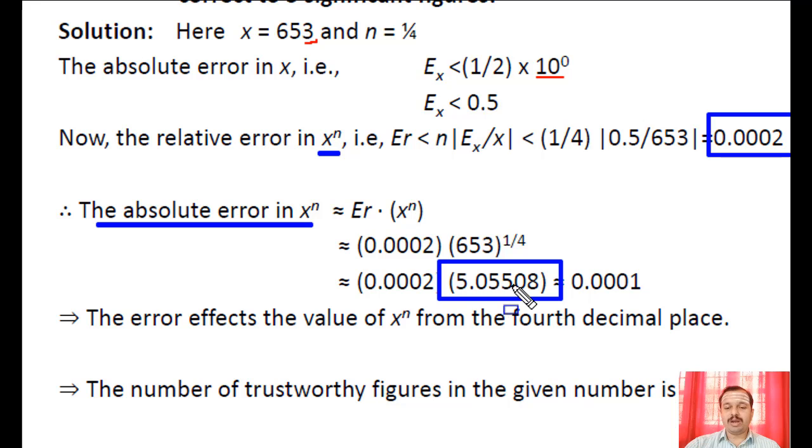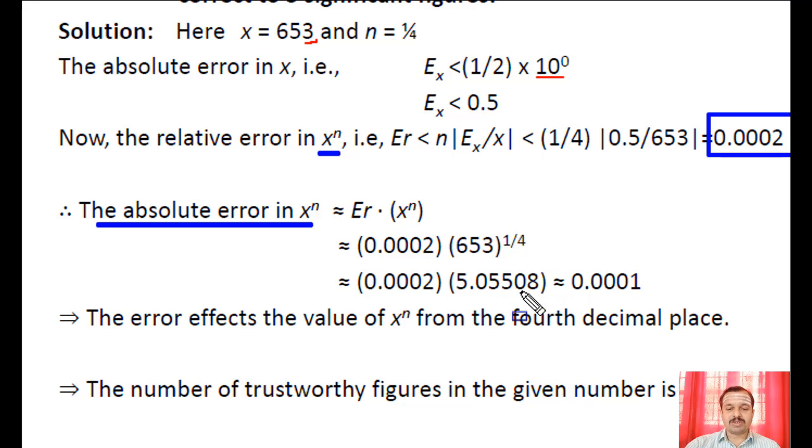The answer is affected only from the 4th decimal place. This is the 4th decimal place: first decimal place, second decimal place, third decimal place, 4th decimal place, 5th decimal. The answer will be affected from this digit onwards.